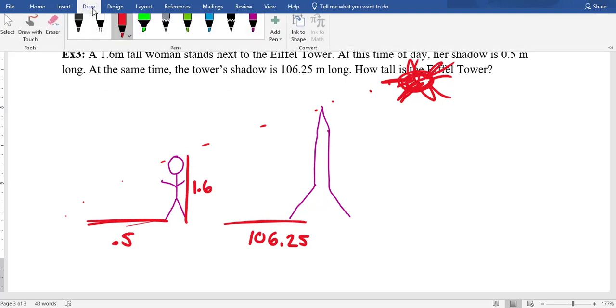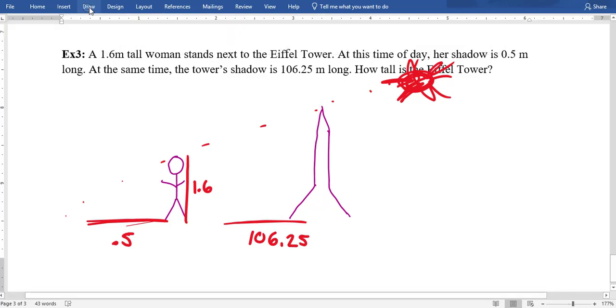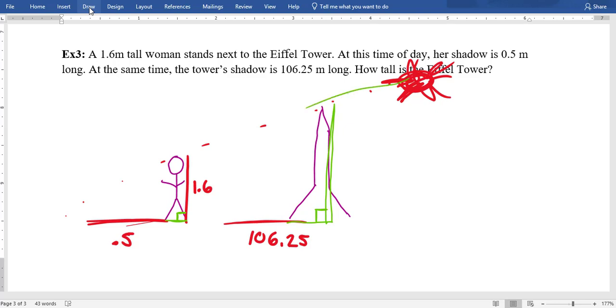You might say, Mr. Five, what does this have to do with similarity? Why in the world are we learning this? Well, check this out. People, when they stand, stand at right angles. Same thing for buildings. Okay, this thing here is at a right angle. And since the sun is hitting them both at the same angle, that means this angle up here is the same for both of them, and they create a triangle with the shadow and how they're standing.